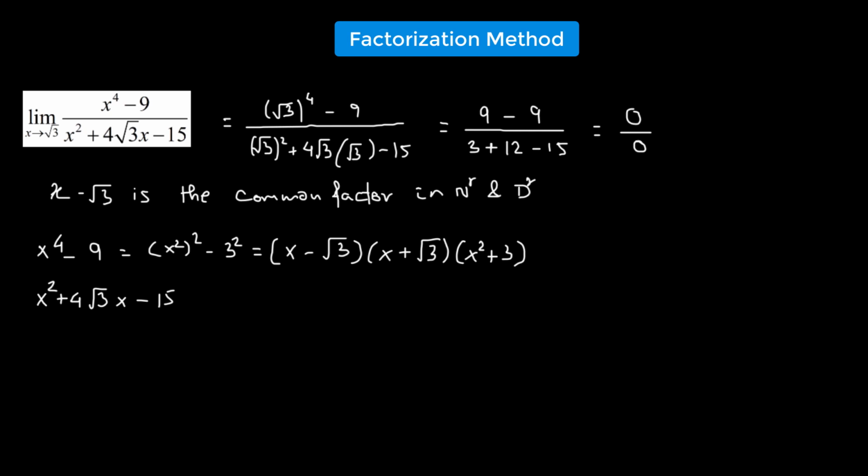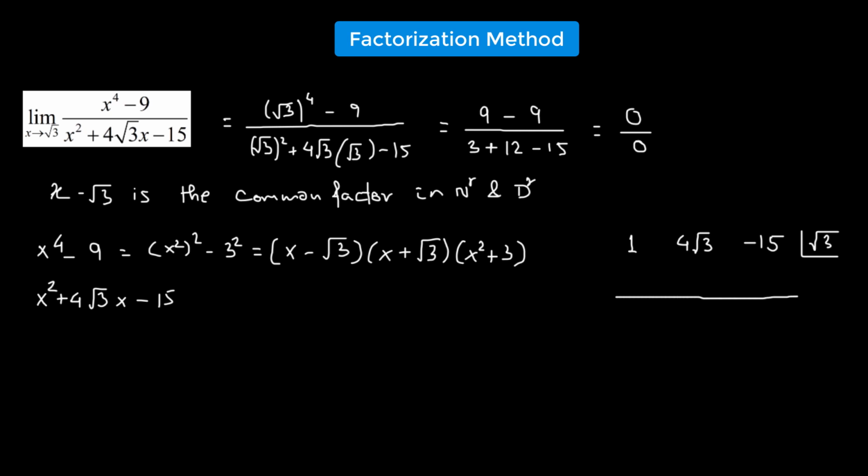So we're going to perform a synthetic division here. So first let us list out all the coefficients of the quadratic polynomial in decreasing powers of x. So we have the coefficient of x squared, which is 1, then followed by the coefficient of x, which will be 4 root 3, and finally the constant value, which is negative 15. So we're going to divide it by square root of 3.